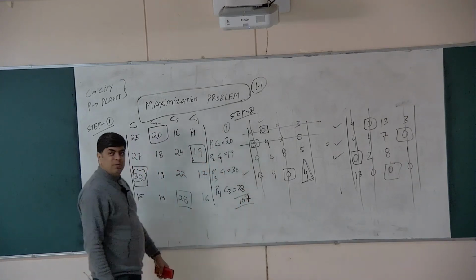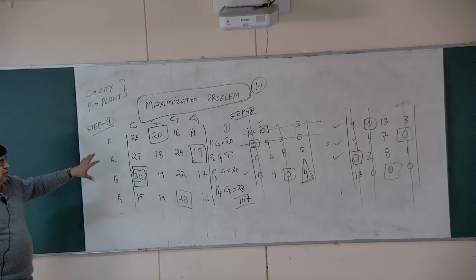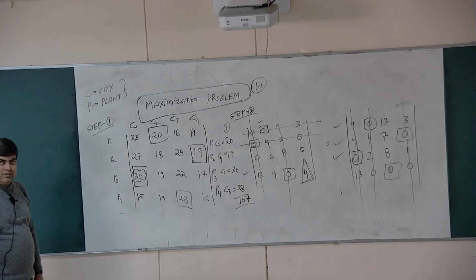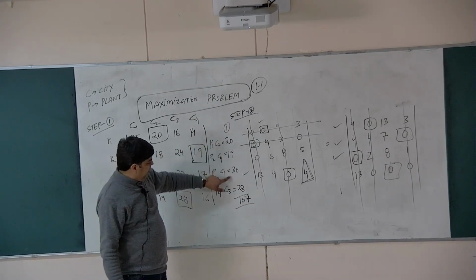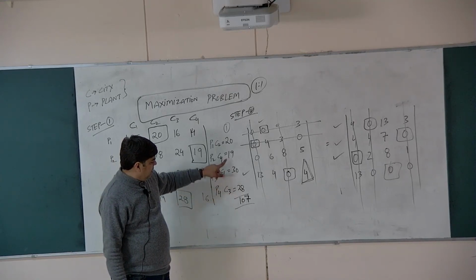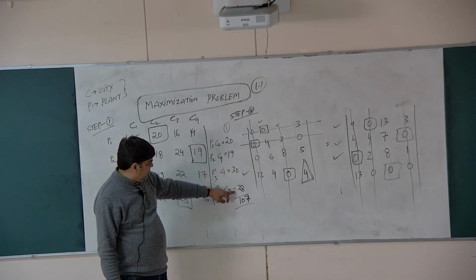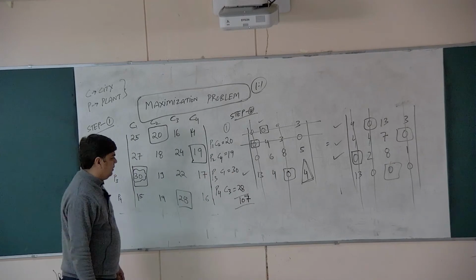So this is the maximum revenue that can be generated by carrying out the optimal assignment using the maximization case. This is how we solve the maximization. Yes, 20 plus 30 is 50, 70, 80, 97.